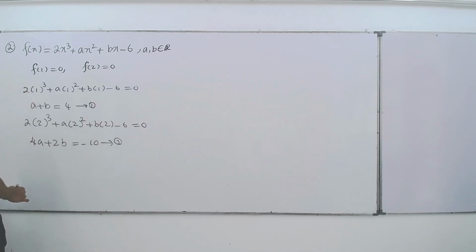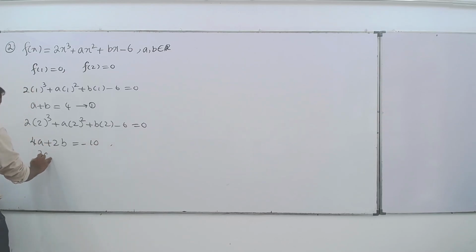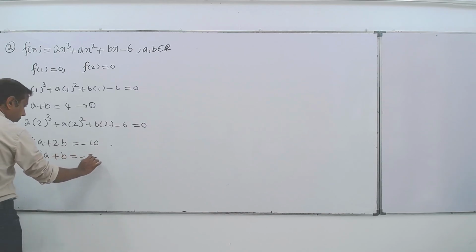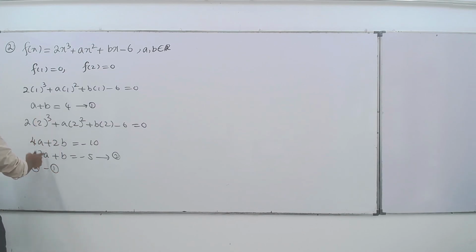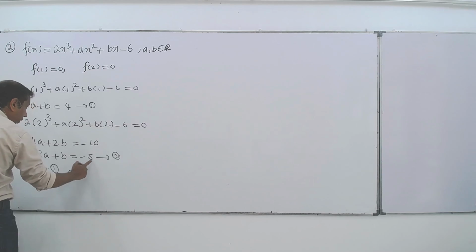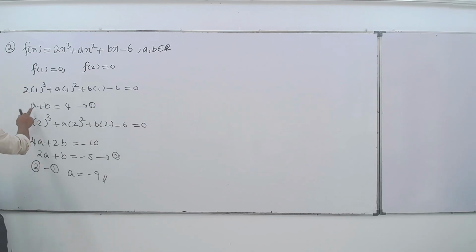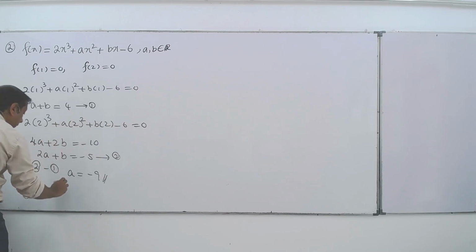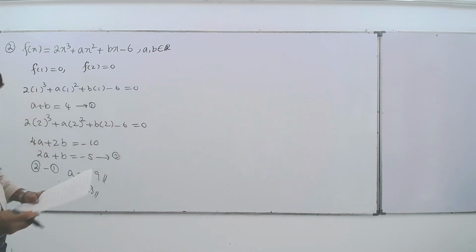Now, when you solve this, it's divisible by 2, no? 2a plus b minus 5, this is number 2. So we can take 2 minus 1, b and b we can cancel down, 2a minus a is a, minus 5 minus 4 is minus 9, a equals minus 9. Taking minus 9 to the right hand side, b equals 13.